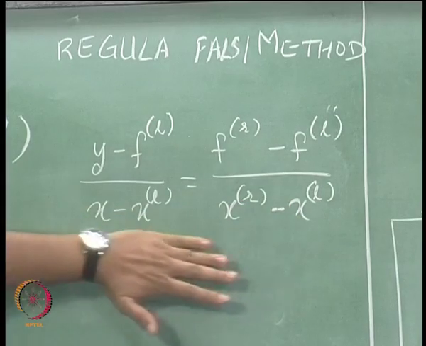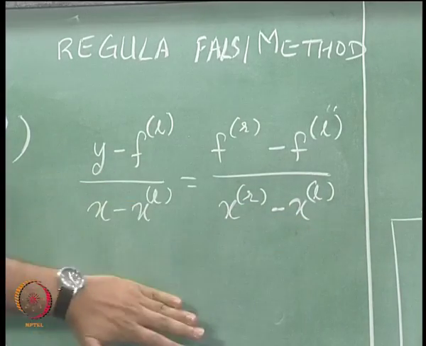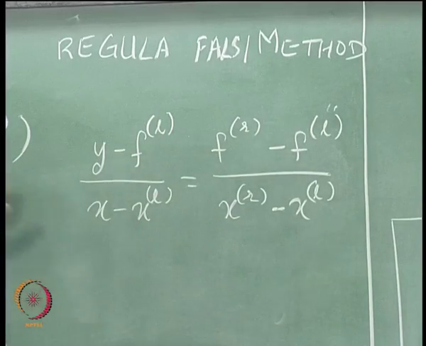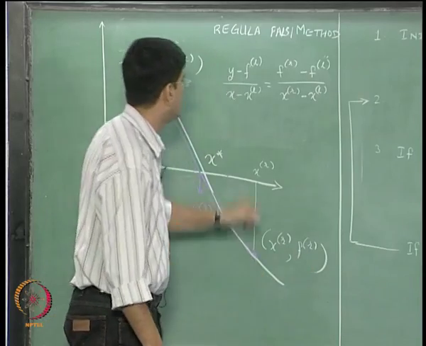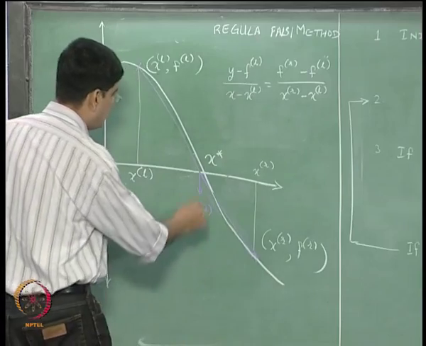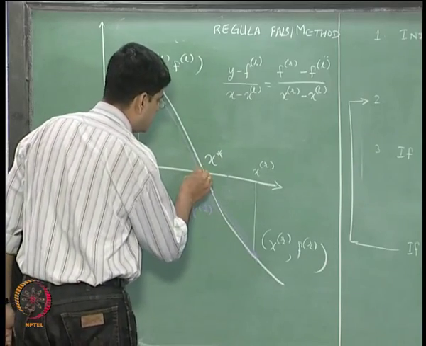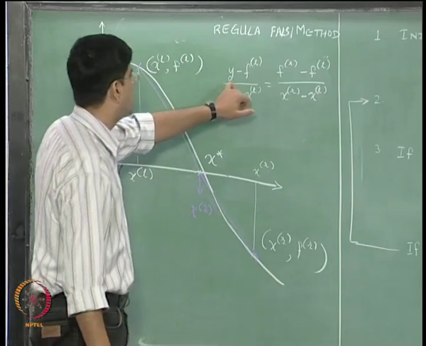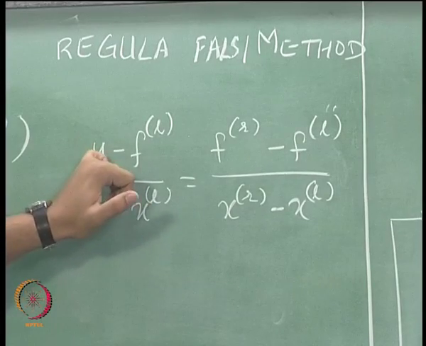It's straightforward to get this expression. This is just a straight line joining the 2 points (x_l, f_l), (x_r, f_r). Now the point of intersection of this straight line with the x axis is obtained by putting y equal to 0 over here.